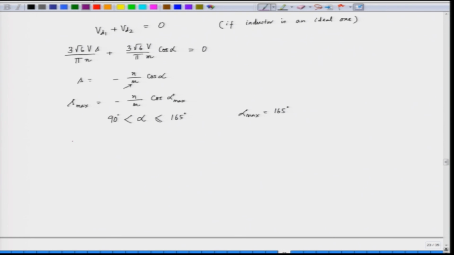So, what should be the turns ratio of the transformer? If we want to design the transformer turns ratio, that is equal to minus n cos alpha max divided by S max, and this is the turns ratio of the transformer.